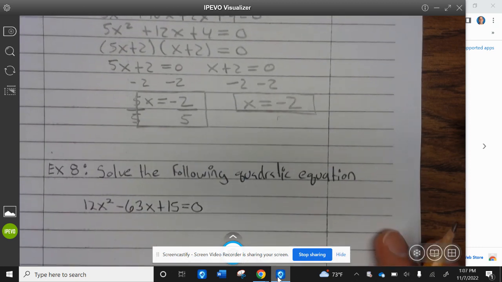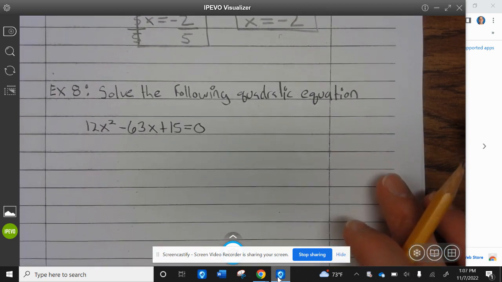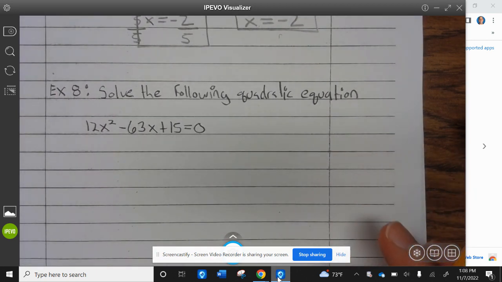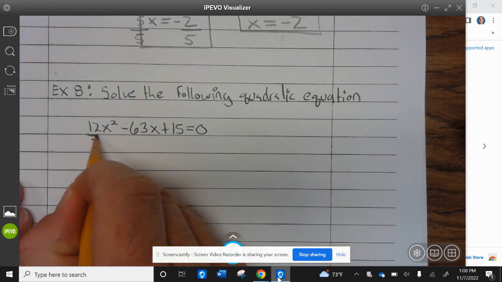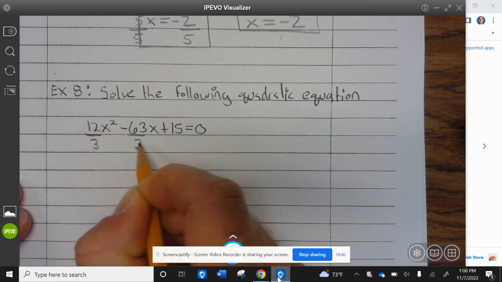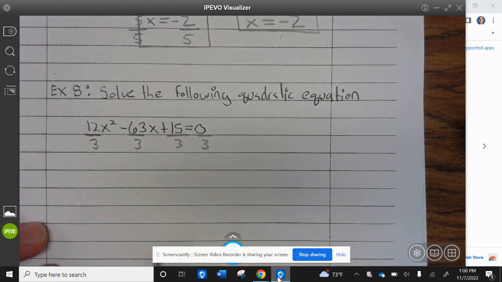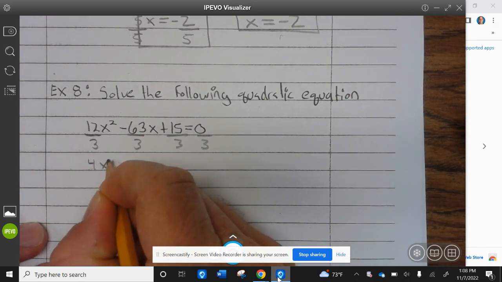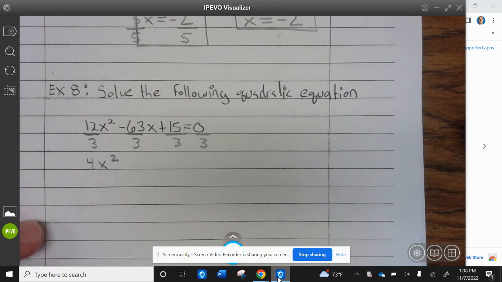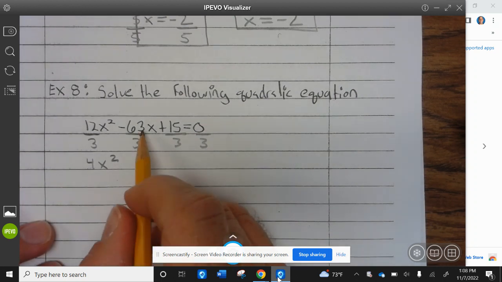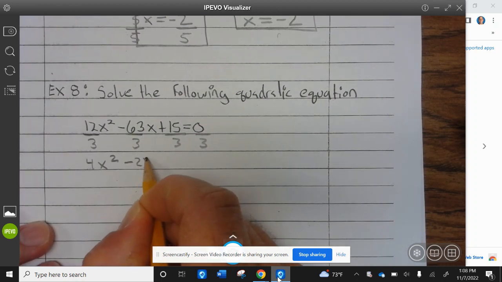All right, let's take a look at example 8. Solve the following quadratic equation. All right, we can actually start off by dividing everything by 3. 12 divided by 3 is 4x squared. 63 divided by 3 is minus 21x.